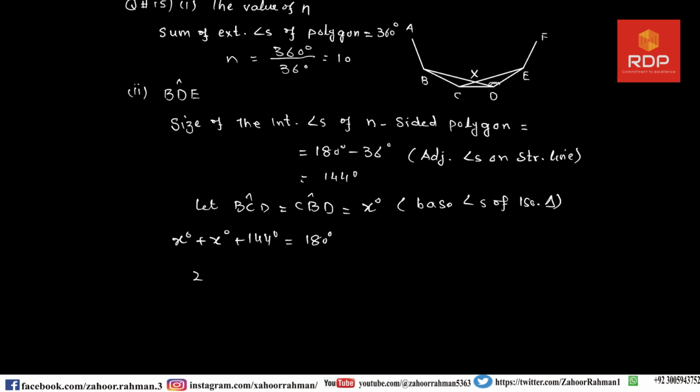So 2x degree is equal to 36. So x degree is equal to 18 degree. We consider this and this to be x degree. So we found the x degree.